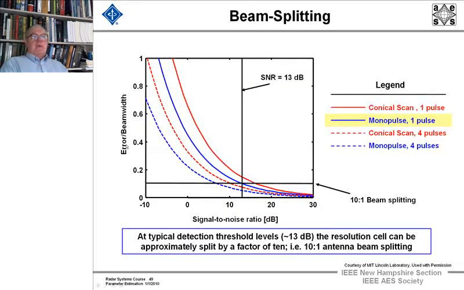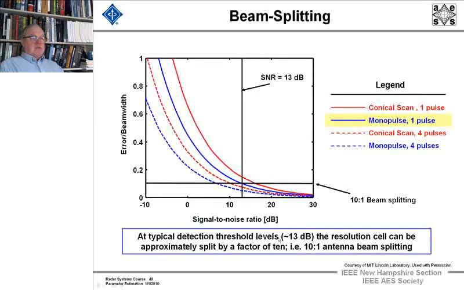Now, when we do beam splitting, typically when we have one pulse with a conical scan and one pulse with a monopulse scan, I first just want to concentrate on the monopulse for one pulse, because that's typically what is used.